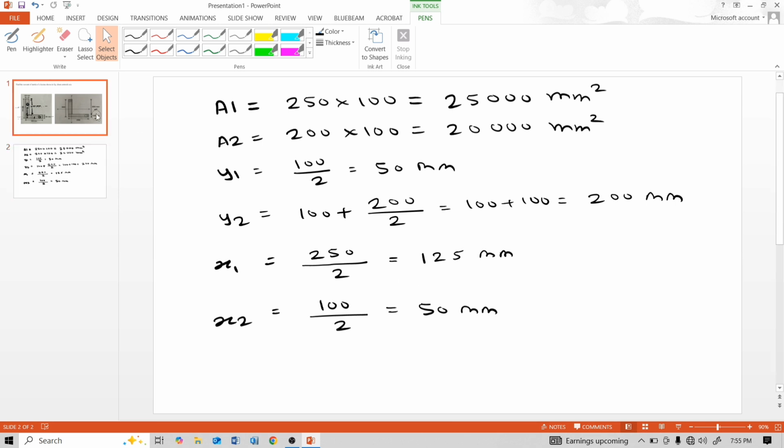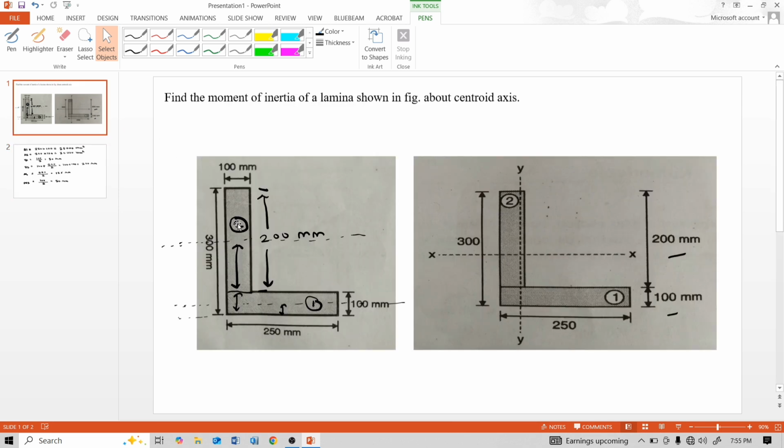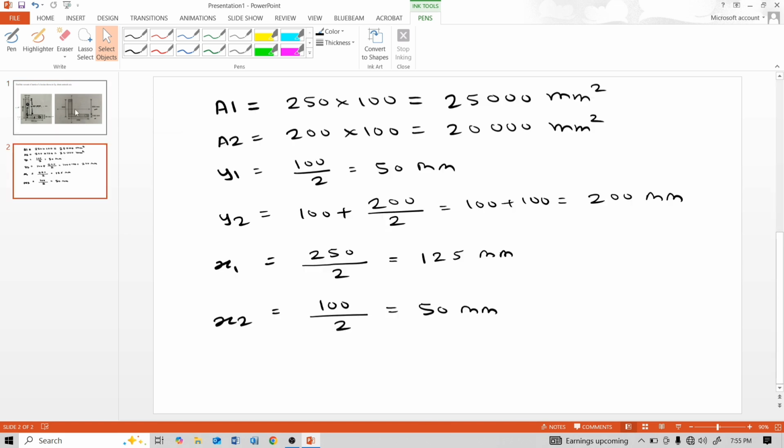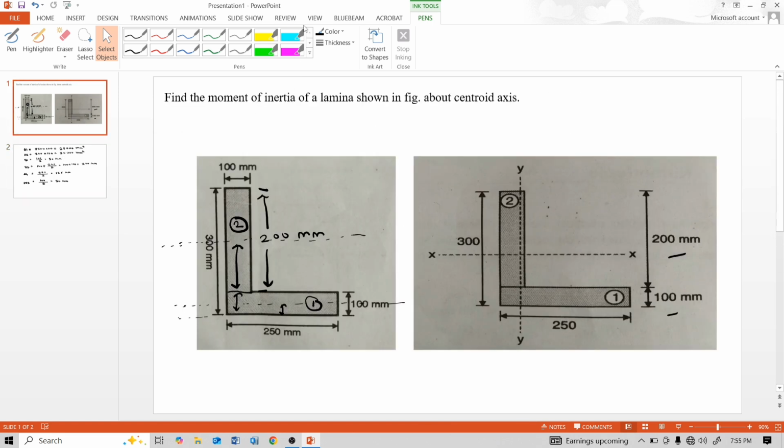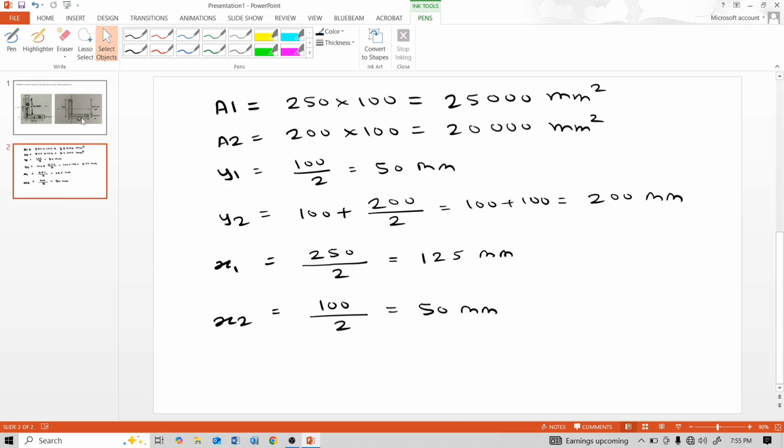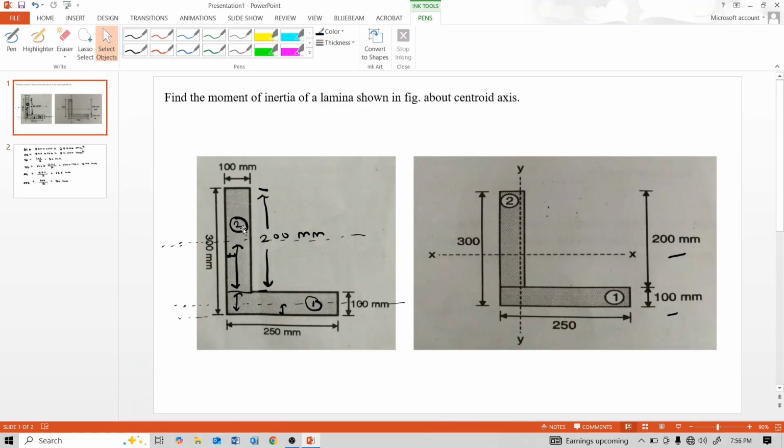X1 is 125 mm, from this side to this side, and X2 is 50 mm. So calculate the exact centroid of this L-type section.